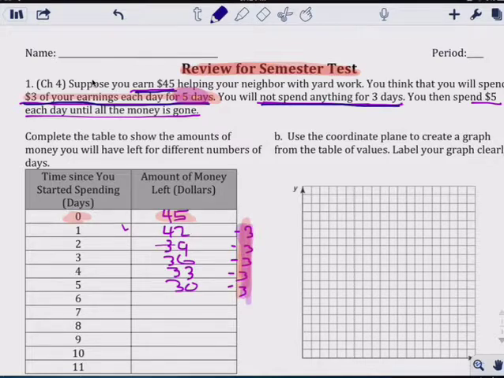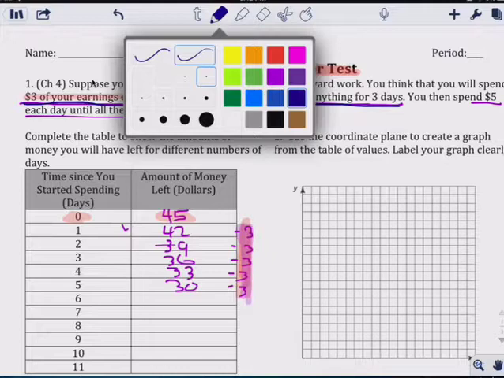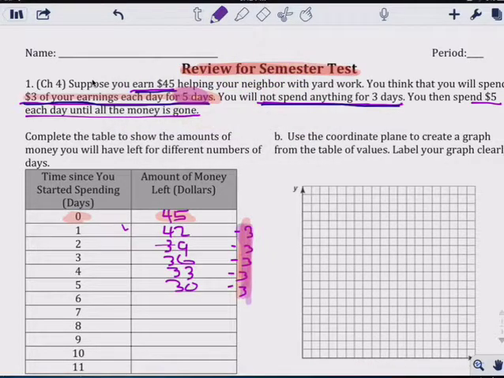Okay, then you stop spending for 3 days. So here for 3 days you have 0 spending. 0, 0, 0 for 3 days, so it stays at 30, 30, 30. And then you spend $5 each day until all the money is gone.